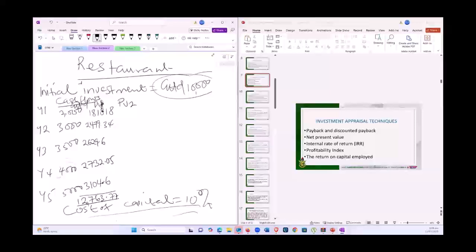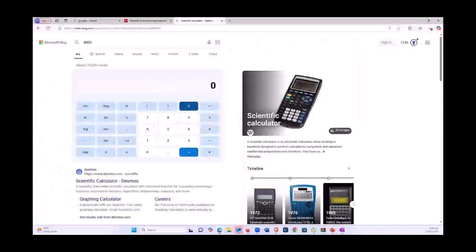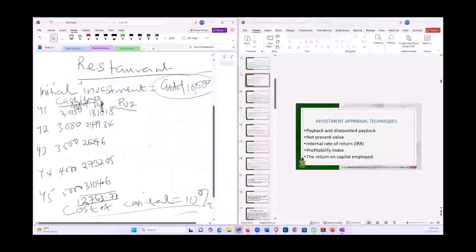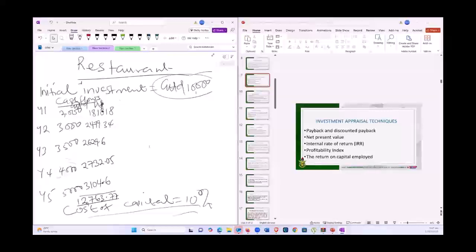So 2,000 over 1.2 raised to the power 1, for year 1. That gives 1,666.67. Okay. Year 2.